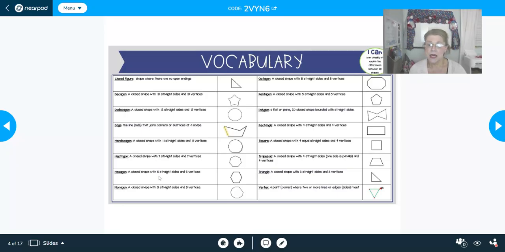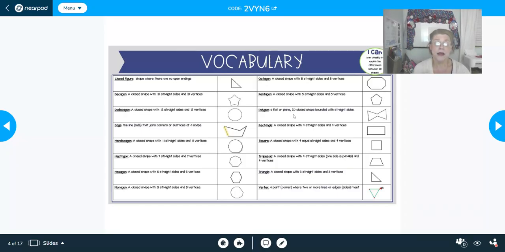A hexagon, a closed shape with 6 straight sides and 6 vertices. A nonagon, a closed shape with 9 straight sides and 9 vertices. An octagon, a closed shape with 8 straight sides and 8 vertices. A pentagon, a closed shape with 5 straight sides and 5 vertices.